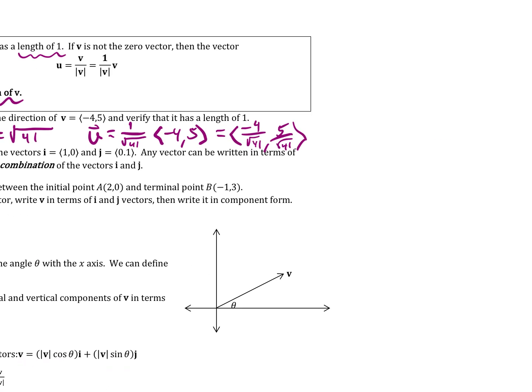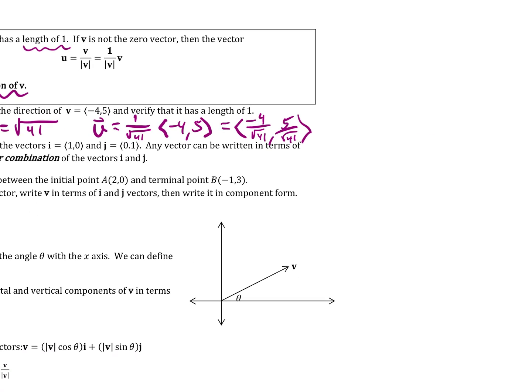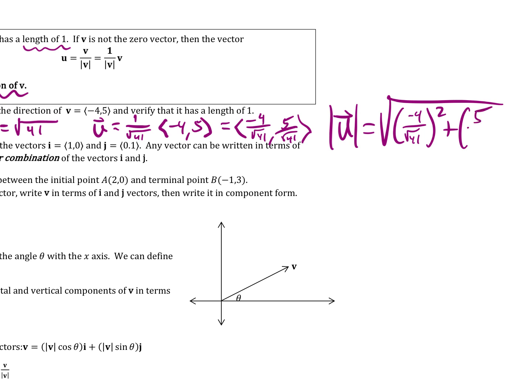All right, now let's verify that that has a length of 1. So there is our unit vector. Okay, and let's find its length. Anyways, the magnitude of u would be the square root of negative 4 over the square root of 41 squared plus 5 over the square root of 41 squared.